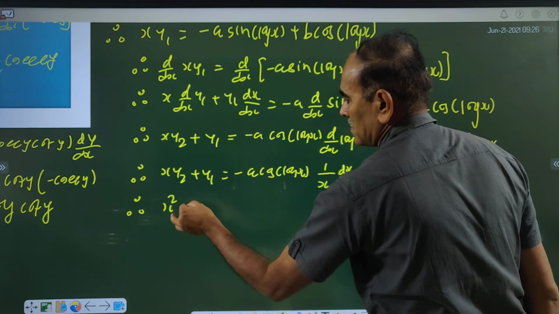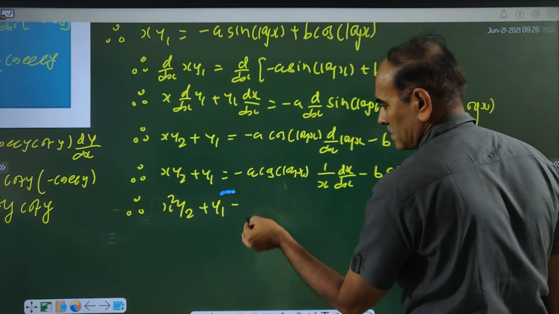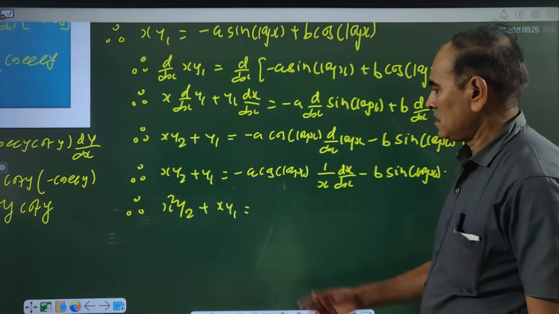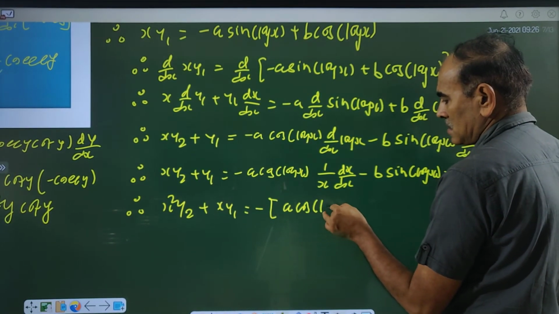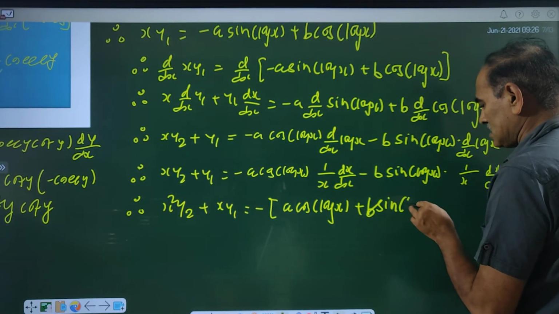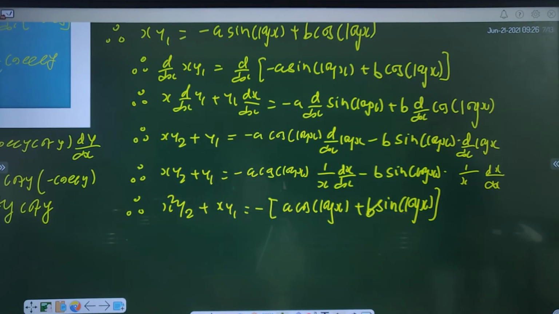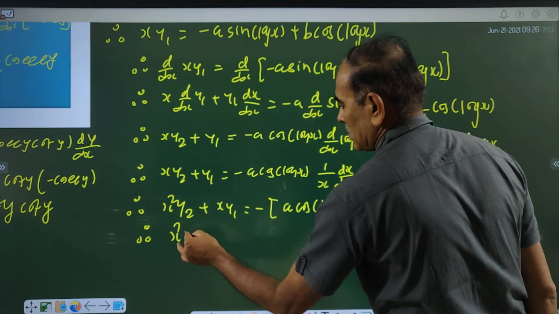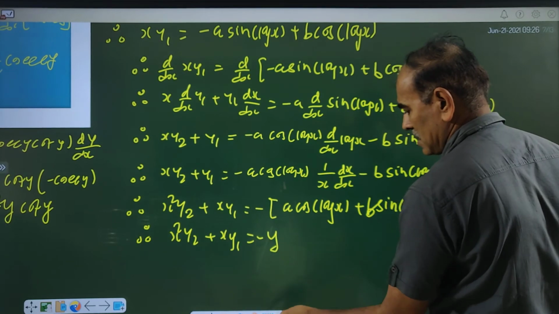What we get? x square y2 plus xy1 is equal to, here minus and here minus, take it common: a cos log x plus b sin log x. Please see, what is this one? It is nothing but our y. And therefore x square y2 plus xy1 is equal to minus y.